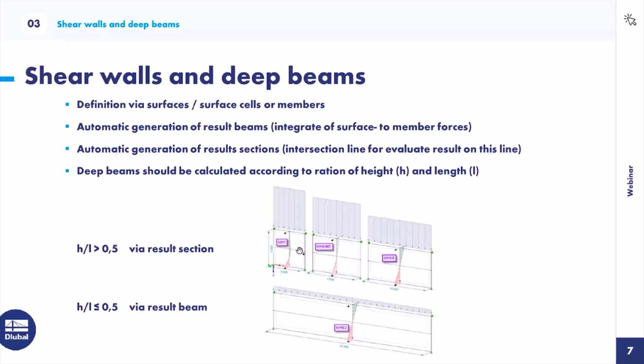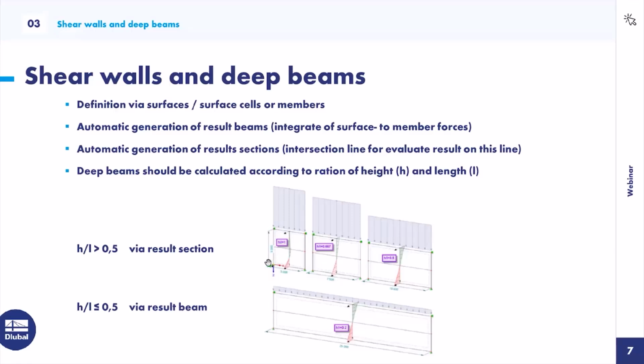surface type. So it's according to the ratio of height and length. When this height to length ratio is smaller than 0.5, so when you have a really long beam or a long surface with a low height, then this result beam is perfect for this calculation.